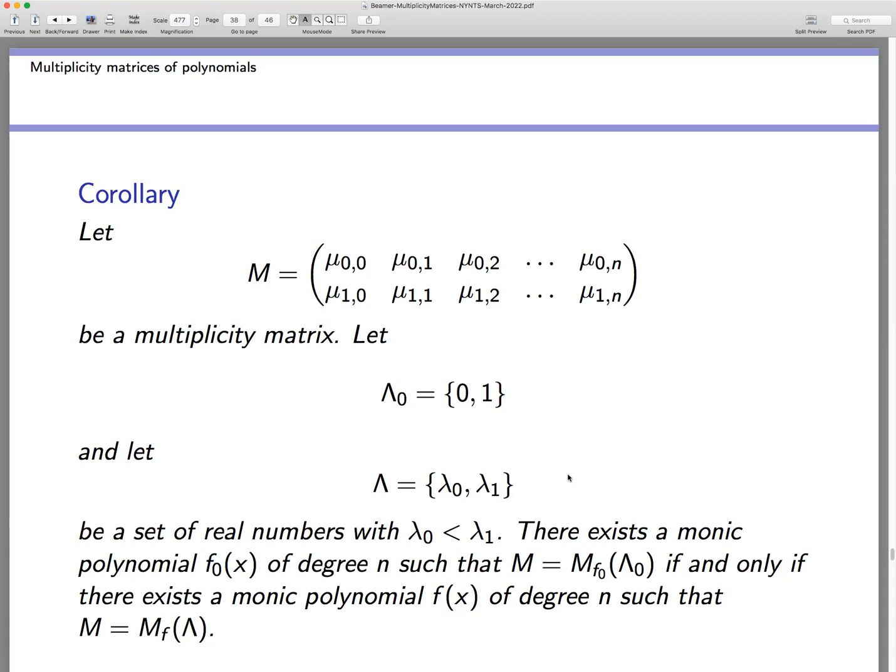So that's why when I'm looking at just these two row matrices, I only have to consider 0 and 1. A different normalization I've run into in connection with orthogonal polynomials, you can always assume that lambda 0 is -1 and the last of the lambdas is 1, so that all the lambdas occur between -1 and 1. Right, it's a sort of favorite interval for orthogonal polynomials theory. Yes.